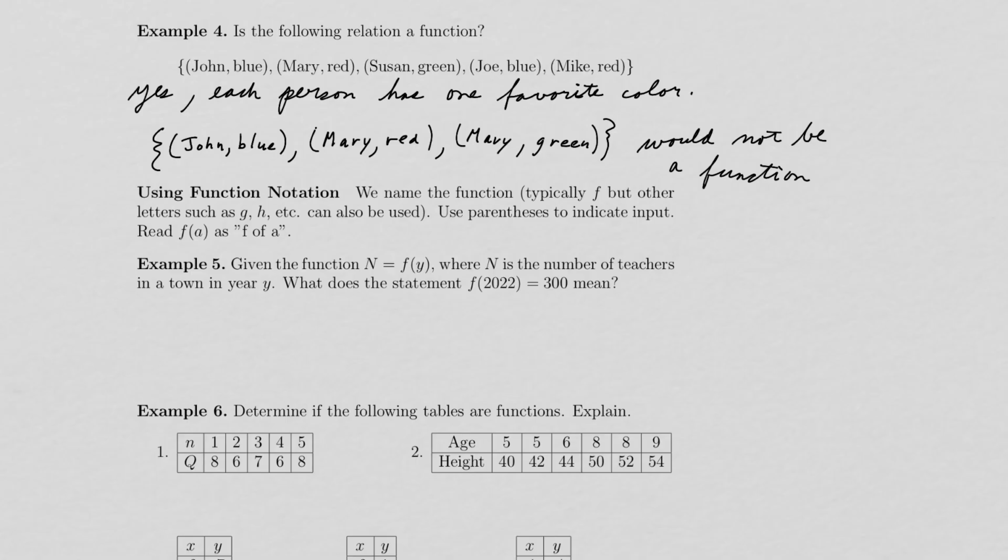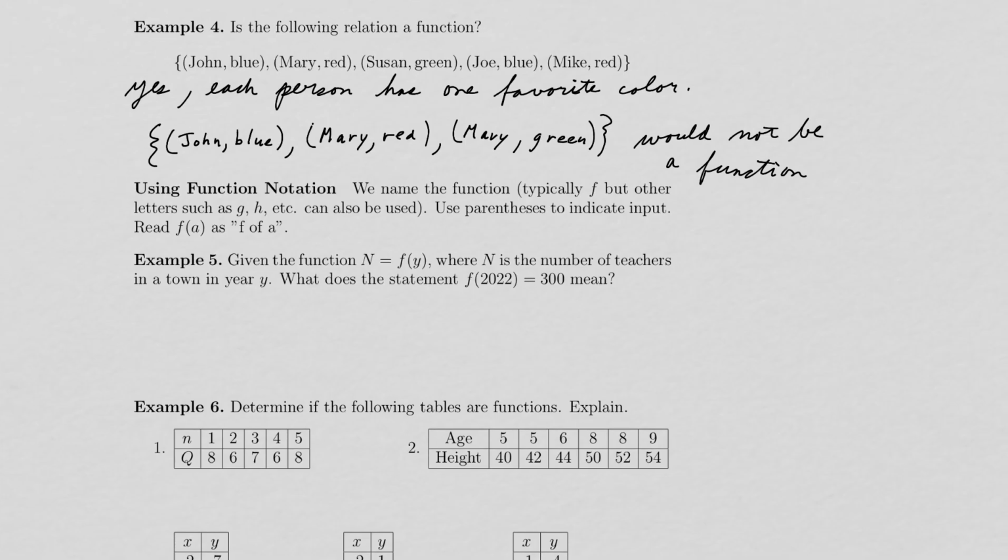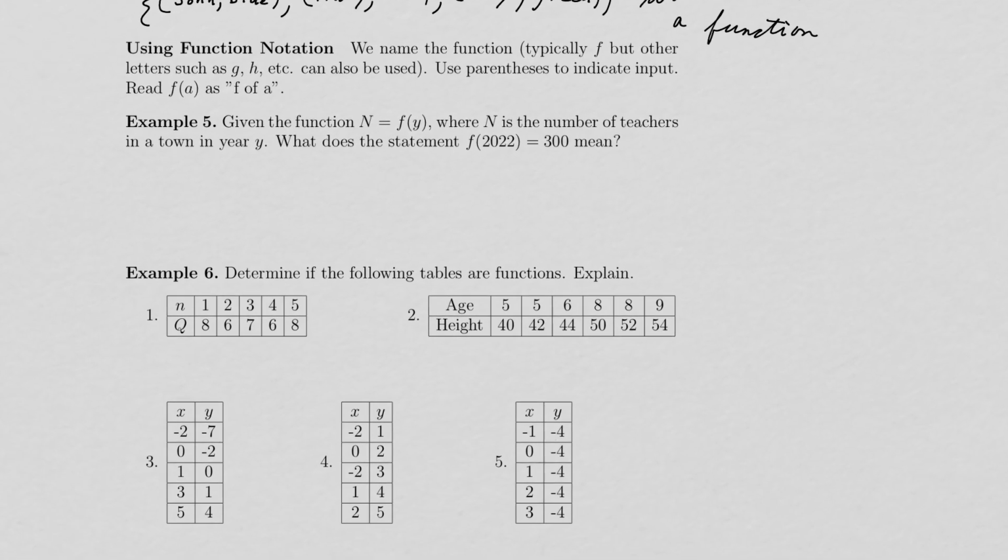Okay, in general, let's talk a little bit about function notation now. In general, we usually name the function f, right? F for function, but other letters are used often as well, like g and h, could be other things as well. But typically we use f.